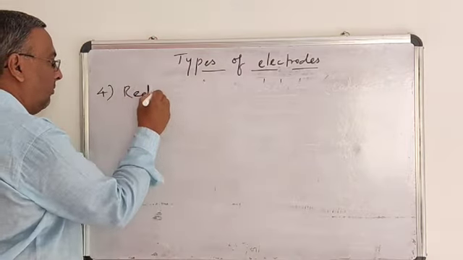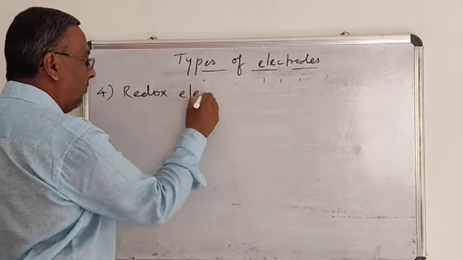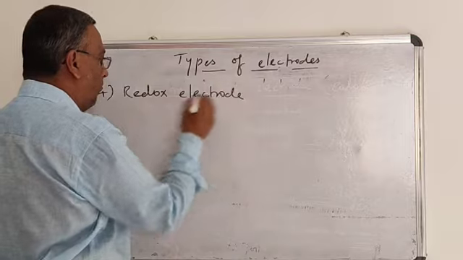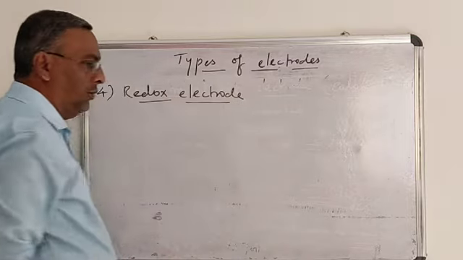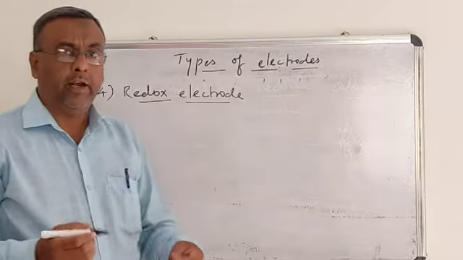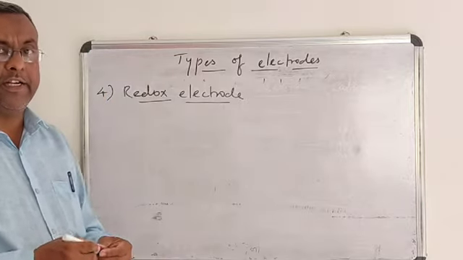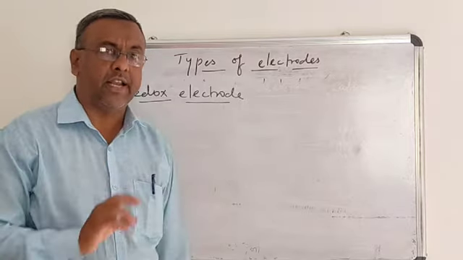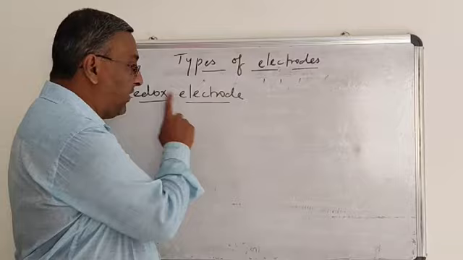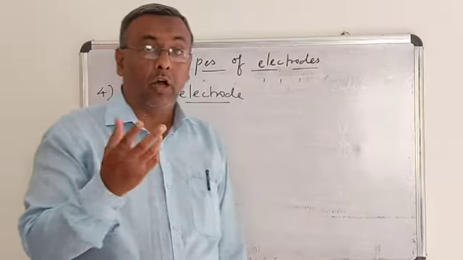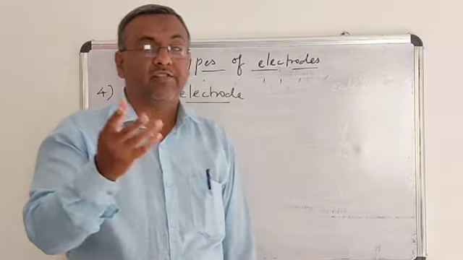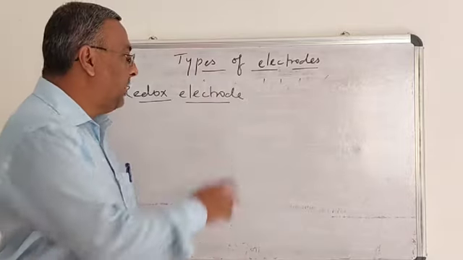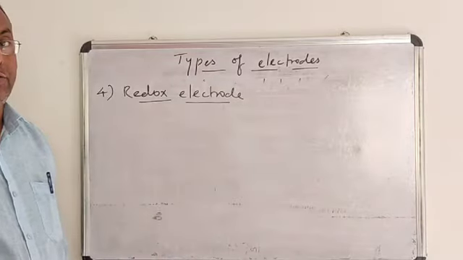the redox electrode. Usually, in an electrode either oxidation occurs or reduction occurs. But in the case of a redox electrode, both oxidation and reduction occur simultaneously. Such types of electrodes are called redox electrodes.